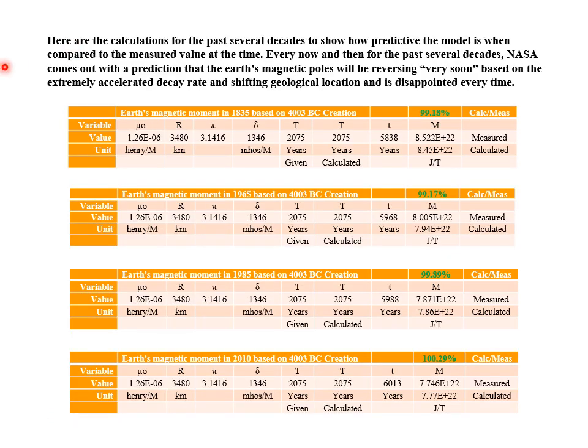All right, here are the calculations for the past several decades to show how predictive the model is when compared to the measured values at the time. Every now and then, for the past several decades, NASA comes out with a prediction that the Earth's magnetic poles will be reversing very soon, based on the extremely accelerated decay rate at shifting geological locations, and is disappointed every time. So, as we stated, if this dynamo theory were true, that sine wave would be very horizontal.